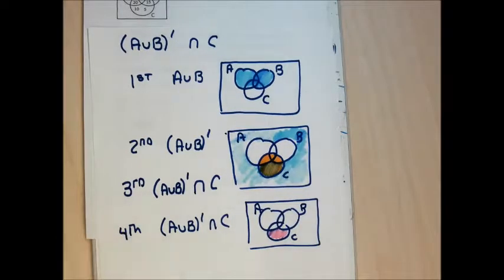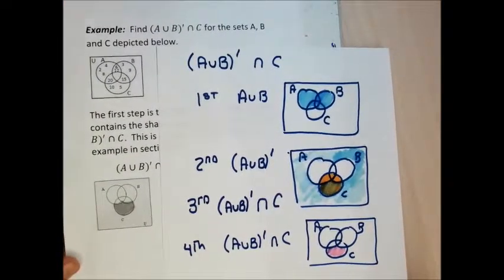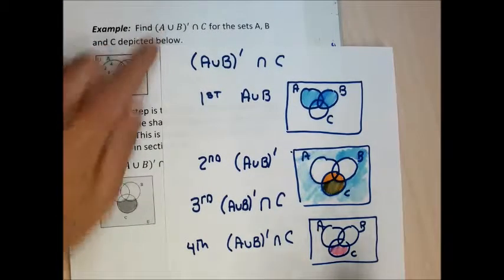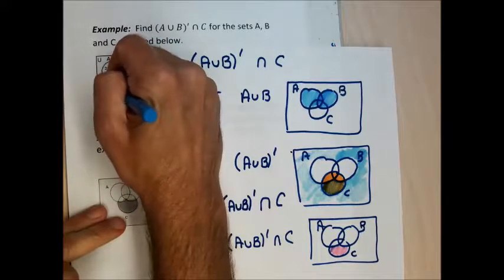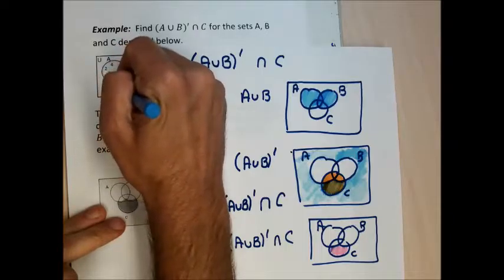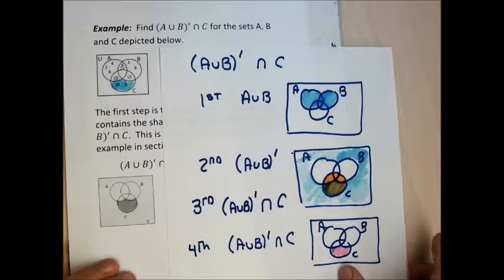So this is a picture of what I needed to come up with, because to do this problem, I have to find the elements that are in the set A union B complement intersection C. I'm going to transfer this onto the picture that's given to me, and the answer to this problem is just going to be the elements 5 and 10, or the set that contains the elements 5 and 10.